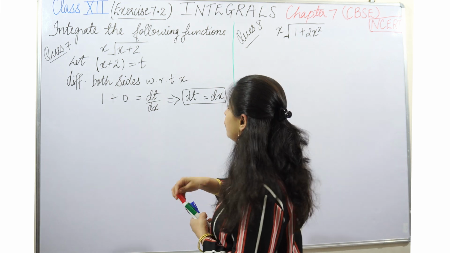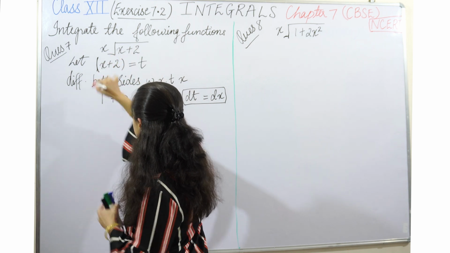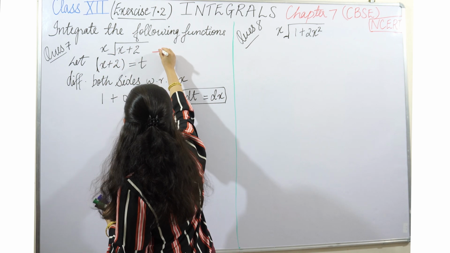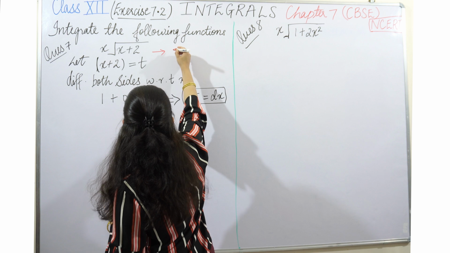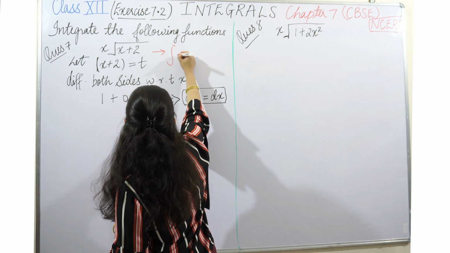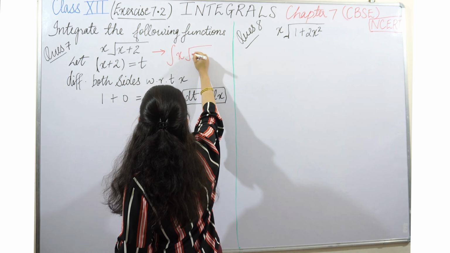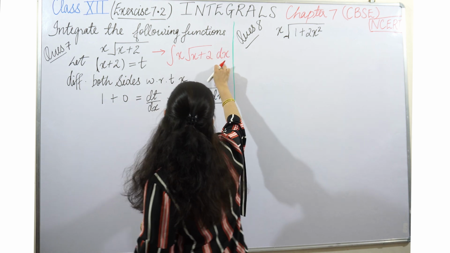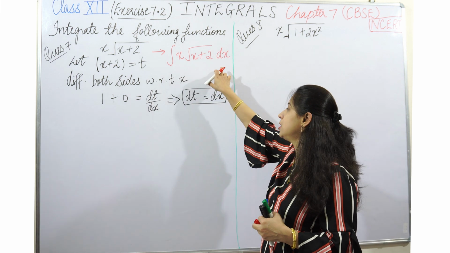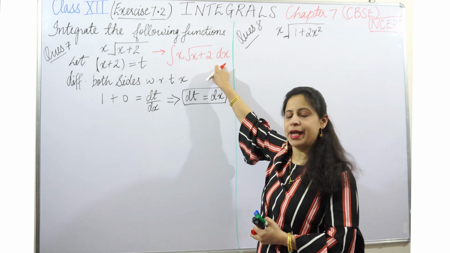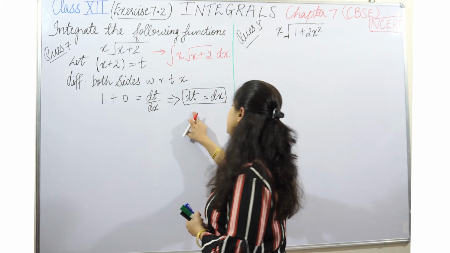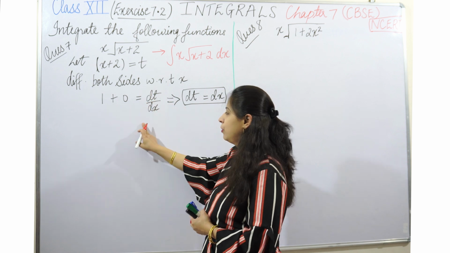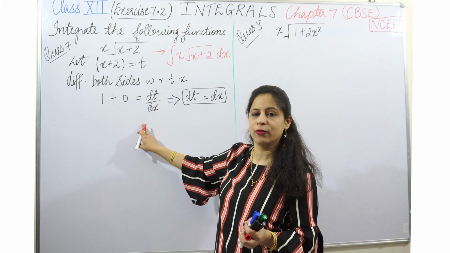Because this function was in terms of x and we were supposed to integrate it with respect to x, now I can substitute dt in the place of dx, because dt is equal to dx, which we have already solved.